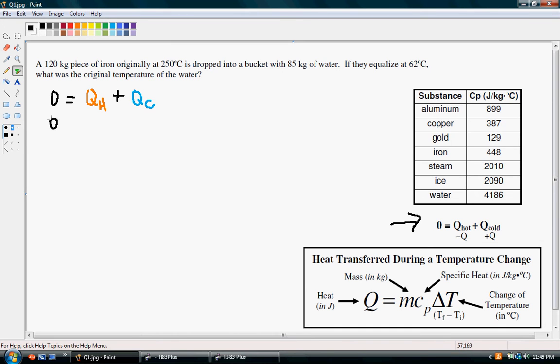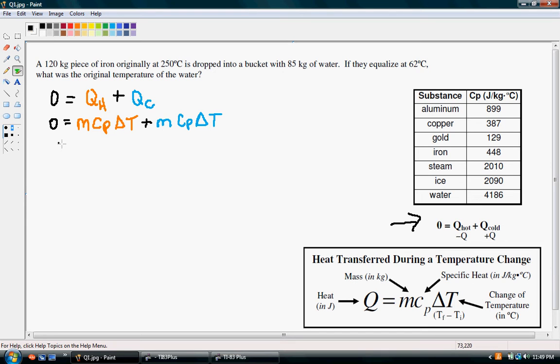So 0 equals the mass of the iron times the specific heat of iron times the change of temperature for the iron, plus the mass of the water times the specific heat of water times the change in temperature for that water, which is always final minus initial, guys.